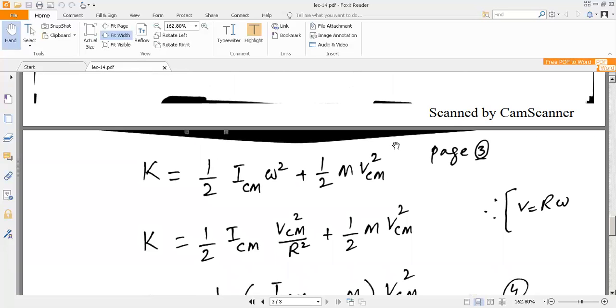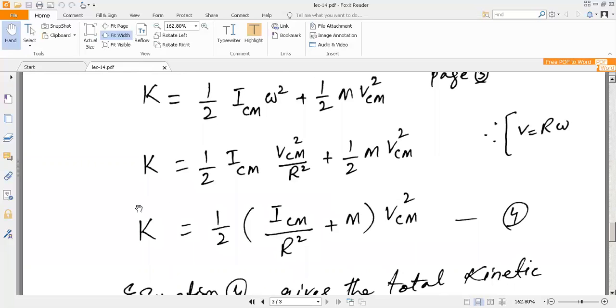So this equation takes the new form as this one. K becomes equal to half into Icm over R square plus M. Here vcm square will become common. We mark this equation as equation number 4.